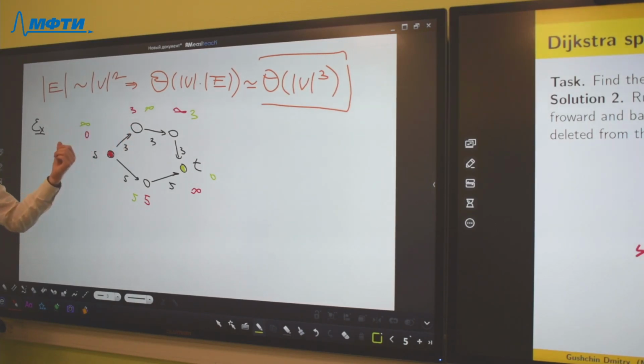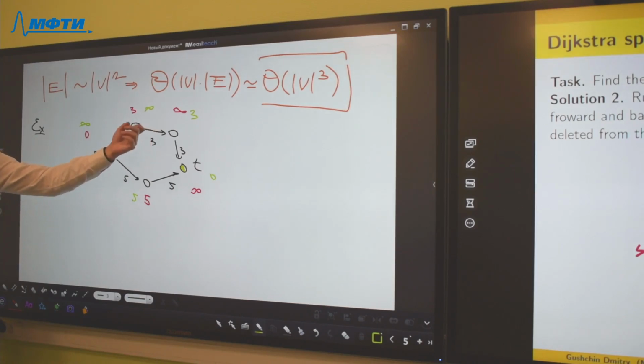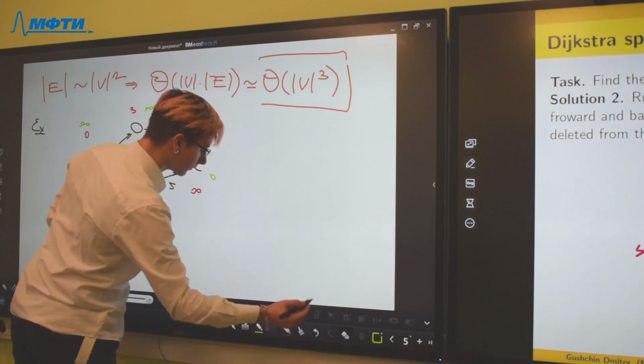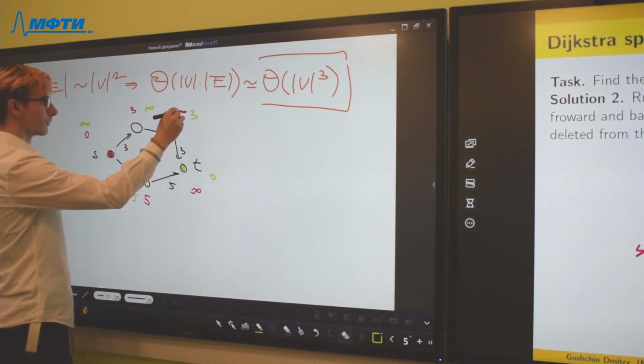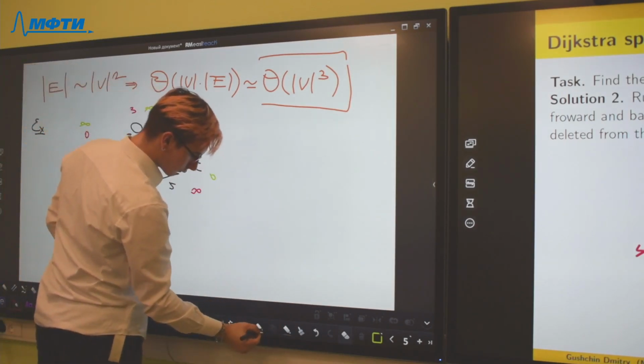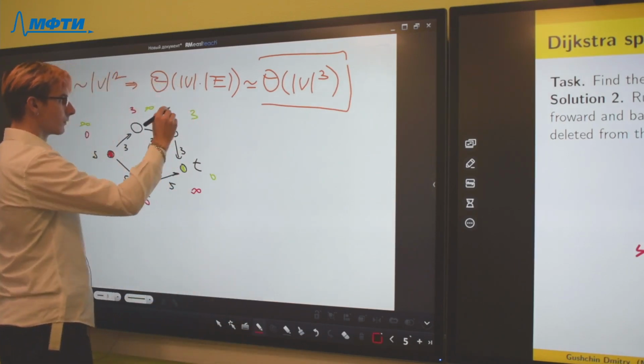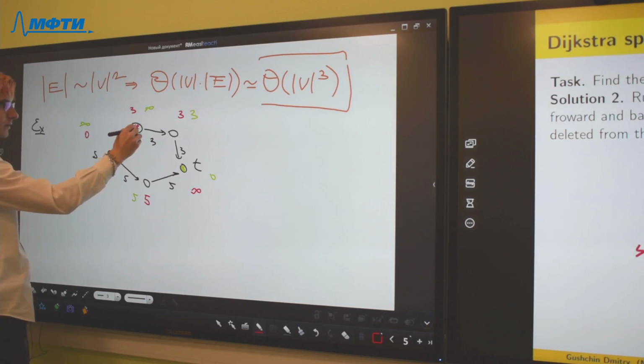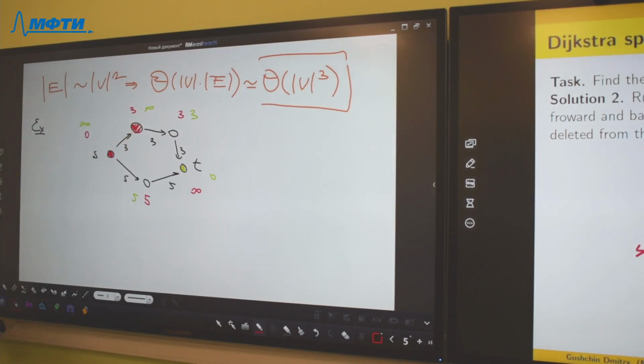We extract it and relax this edge. It is 3 and we extract it too. Here, in both directions, we found common vertices, down and up.